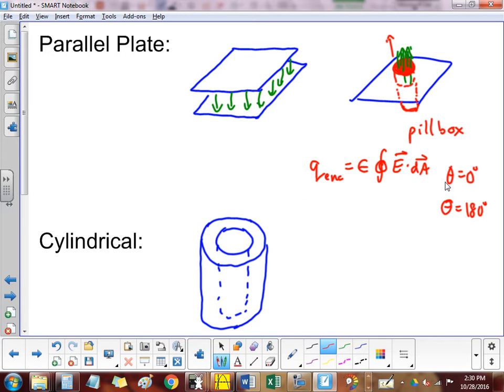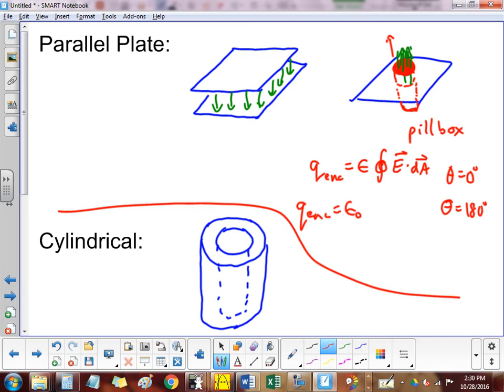So it becomes Q enclosed equals epsilon naught times the integral of E dA cos theta. The E pulls out because we said that it doesn't matter where you are on the top lid, it feels the same.